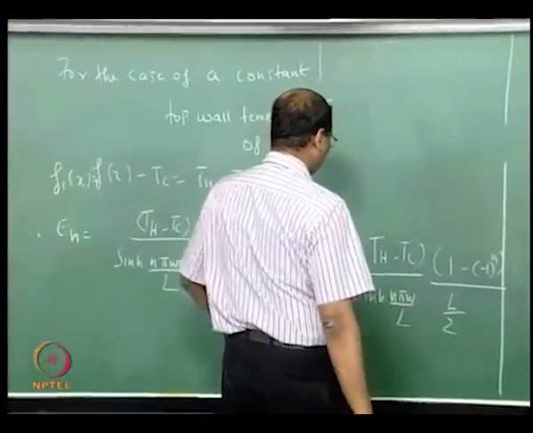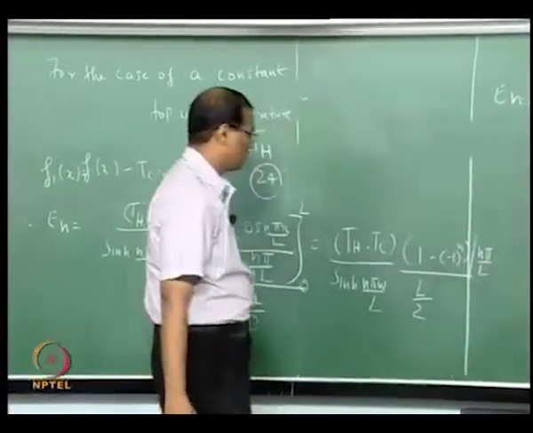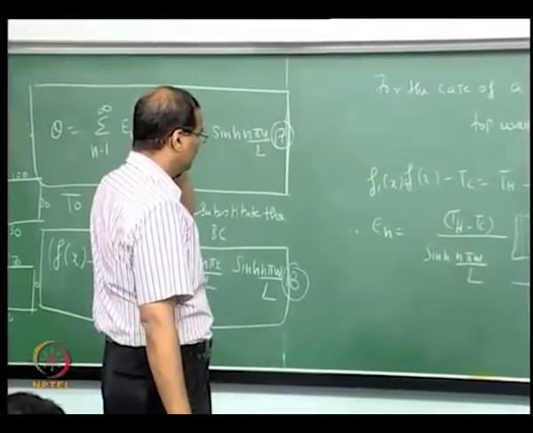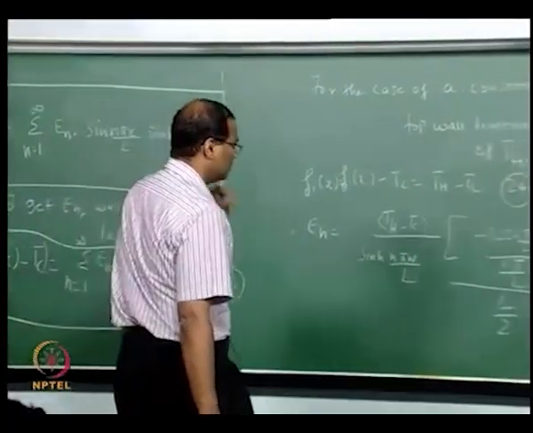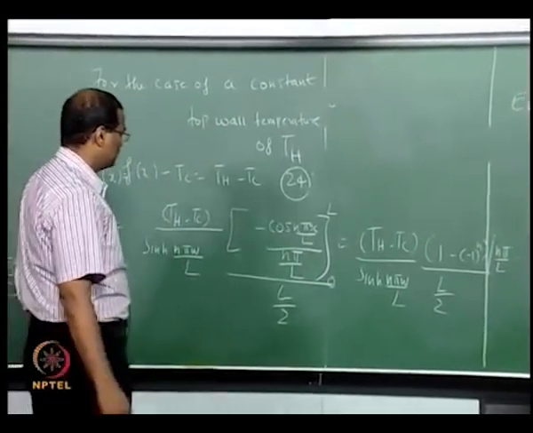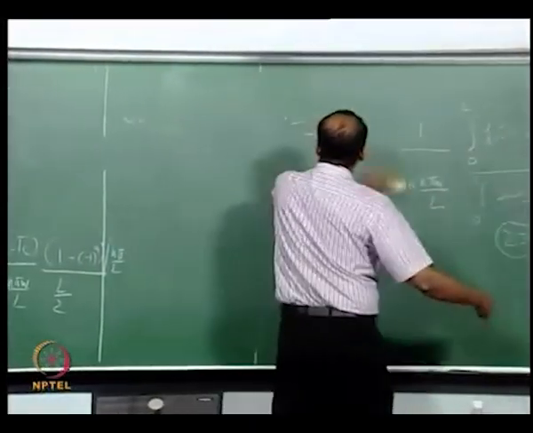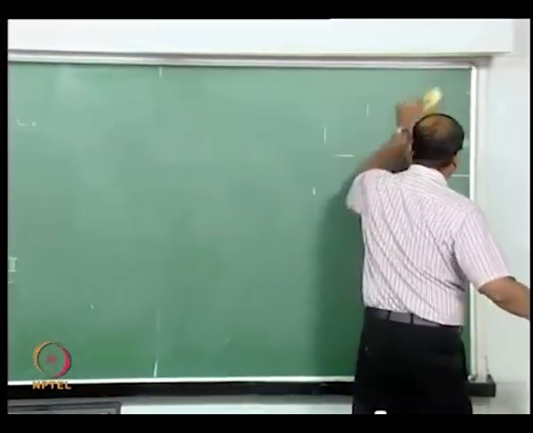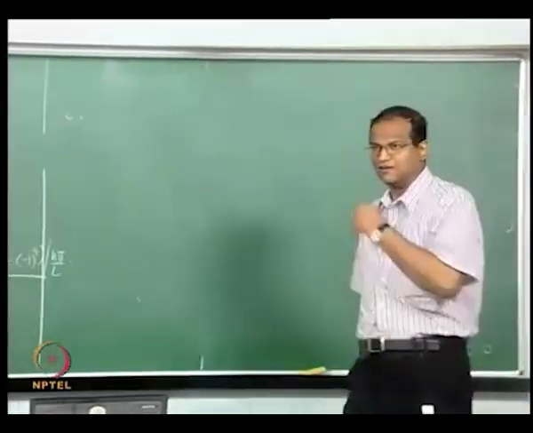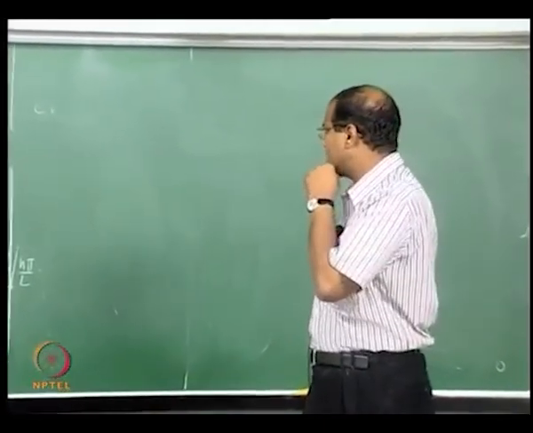Okay, cos n pi by L, is it okay? That L should get, is that correct? I put 1 minus minus 1 to the power of n, that is it will alternate, right? It will become 0 and this thing, right? So that 2 will come.